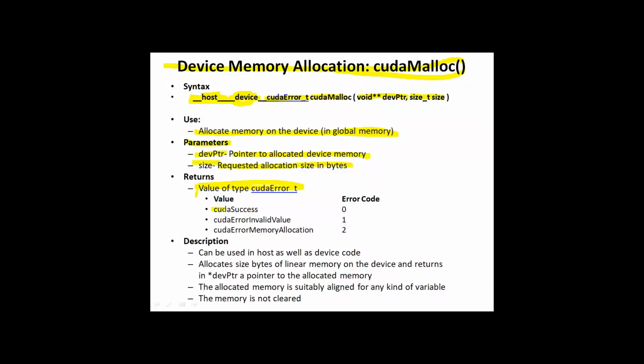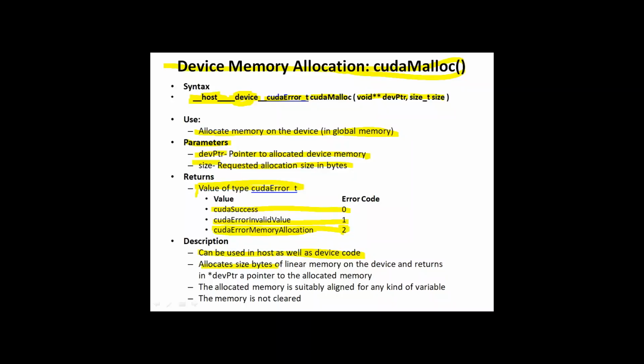Its possible values can be cudaSuccess, which is error code 0, cudaErrorInvalidValue, which is 1, or cudaErrorMemoryAllocation, if there is any error in memory allocation, which is code 2. So, a brief more description: it can be used in the host as well as device code.